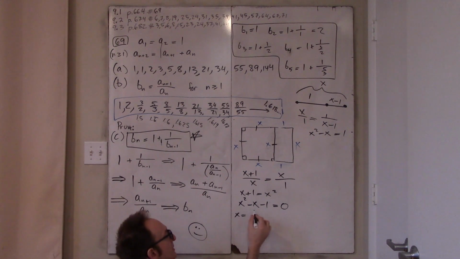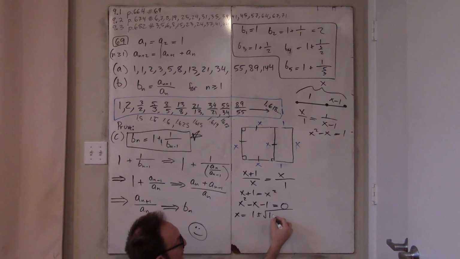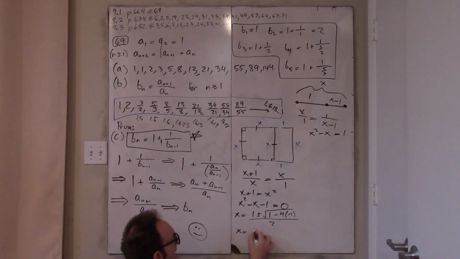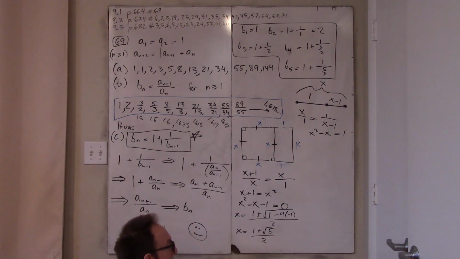So we get that x equals negative b, so 1, plus or minus the square root of b squared, so that's 1, minus 4ac, all over 2. And so what we get is 1 plus or minus root 5 over 2. Now, root 5 is bigger than 1. Because this is defined as a sort of geometric object, we just ignore the one which is negative.